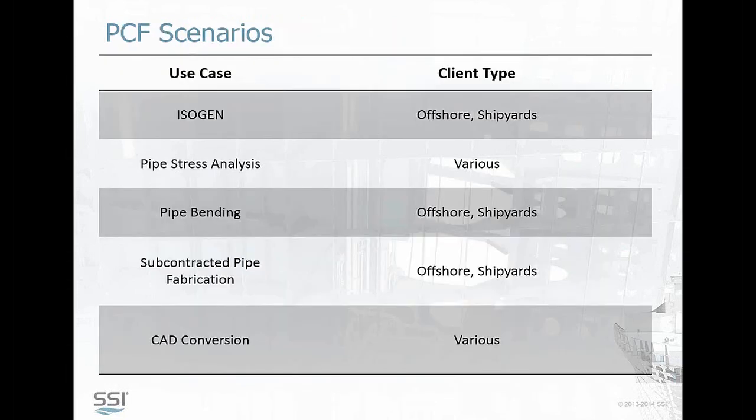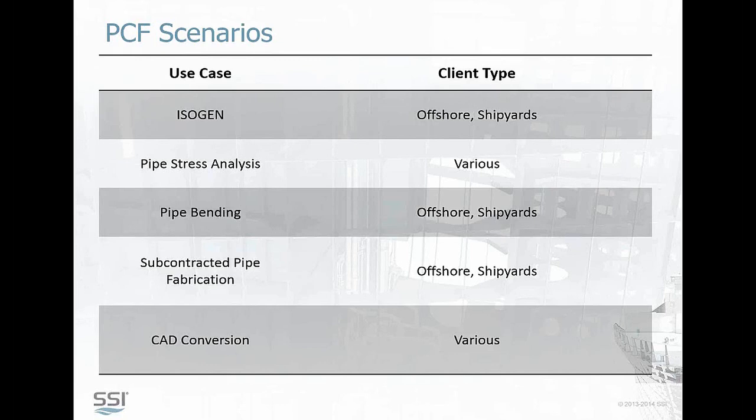Just some of the scenarios that we see our clients using PCF. Of course, for Isogen, as I just mentioned, offshore and shipyards, pipe stress analysis, various software. K-Pipe's one of the most commonly used. Pipe bending machines, again, for offshore and shipyards.